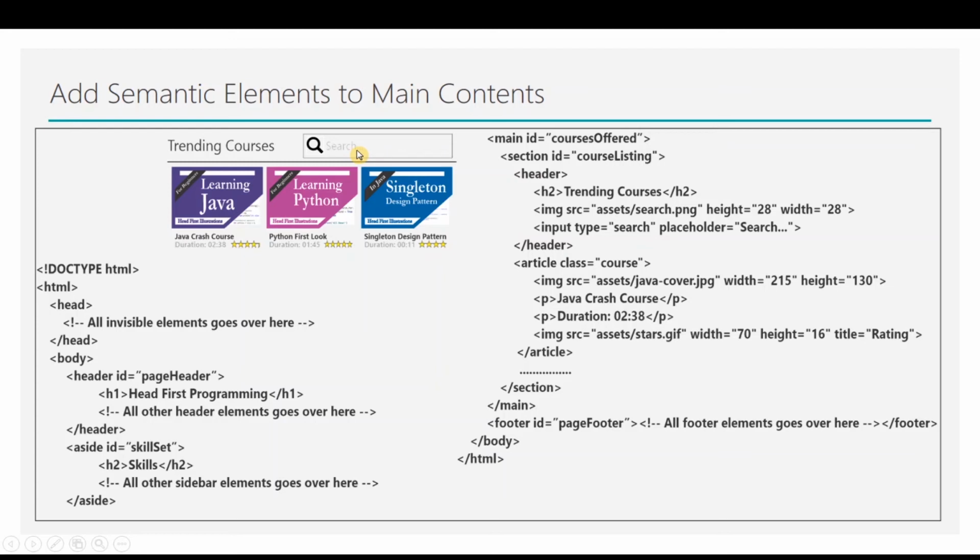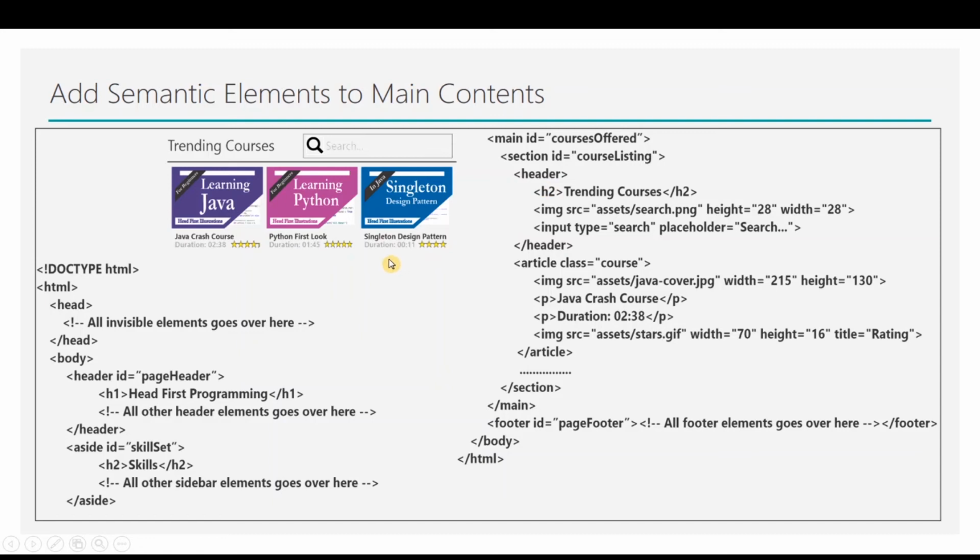By convention, it is advised to group any such elements as part of the header tag to make it clear that even though they are included in the main content area, they are not representing the main contents by any means. Now let's move on and describe the contents of each individual course with appropriate HTML elements.